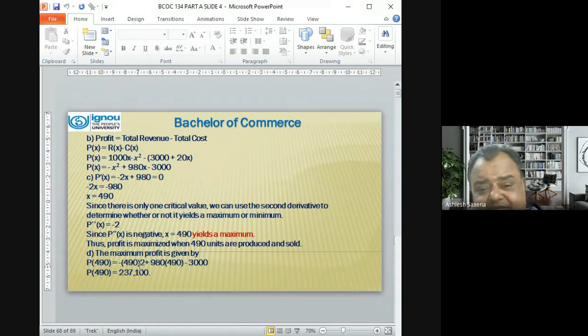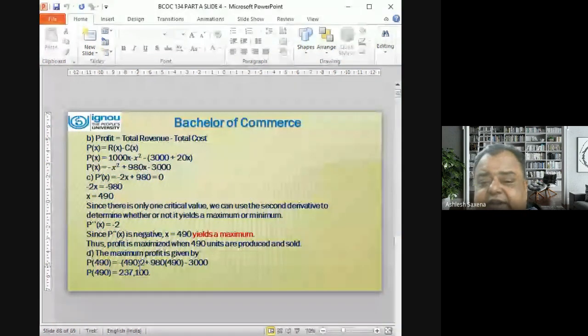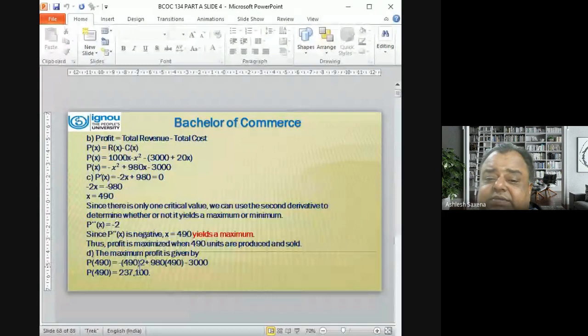Differentiate. You will get minus 2X plus 980 equal to 0. On equating it to 0, you will get X is equal to 490. Since there is only one critical value, we can use the second derivative to determine whether it yields a maximum or minimum.